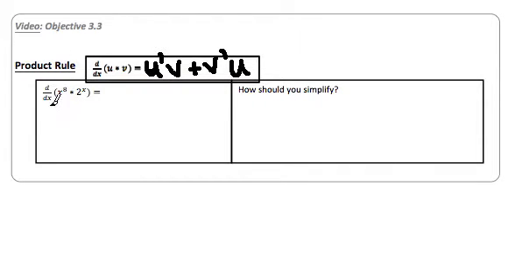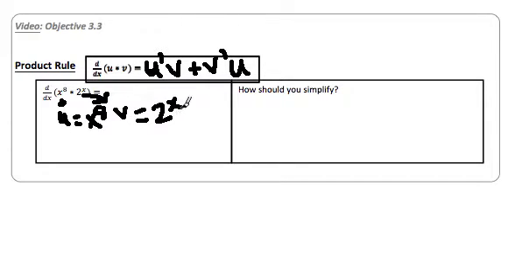When I look at this first example, it says the derivative of x to the 8th times 2 to the x. I'm going to think about this one as u and that one as v. So u is equal to x to the 8th and v is equal to 2 to the x.